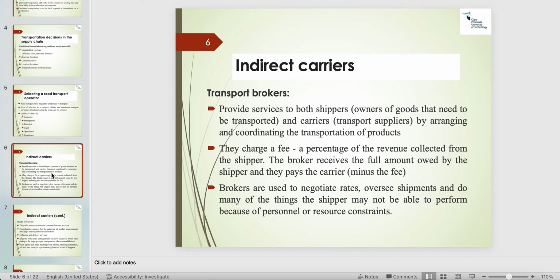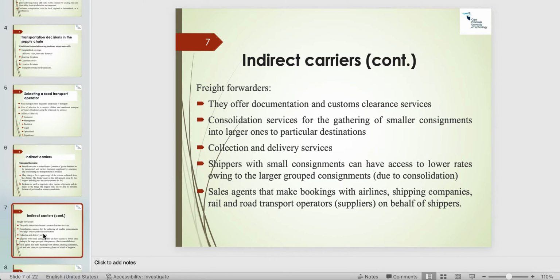At times they also negotiate their rates. They make sure that they oversee the shipments, and even though they are not able to perform some of the operational tasks, they almost oversee the whole shipping process. So that's your transport brokers.